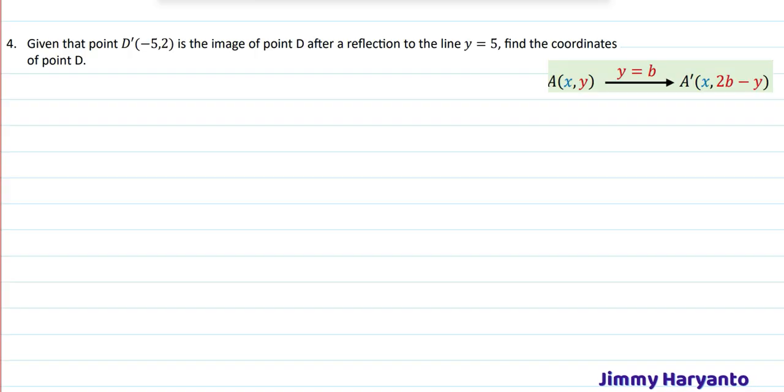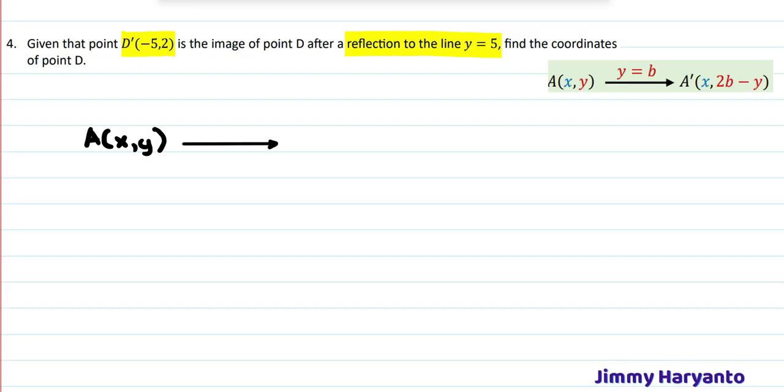Okay, next is question number 4. We have D prime. D prime is the image of the point D after a reflection in the line y equals 5. That means this one is the formula, and then you only have to rewrite the formula like this: x comma y, reflected in y equals b, and the A prime is x comma 2b minus y.